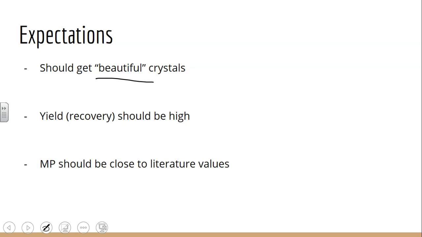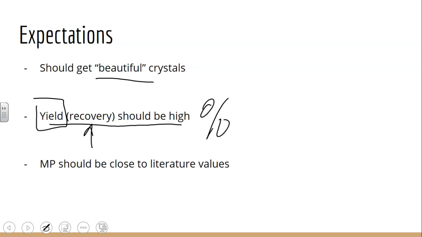And again, because you're dealing with a solid that does not have a lot of contaminant in it, you should have a relatively high recovery. In this case, instead of using the word percent yield, which is what we use when we do reactions, we're going to call it recovery. So our percent recovery should be high.